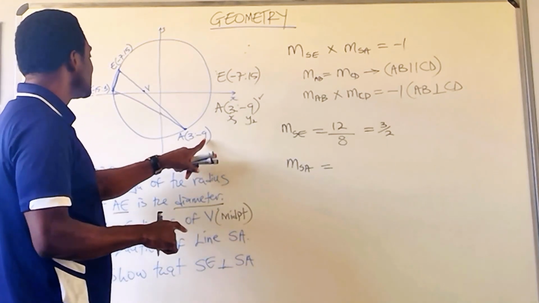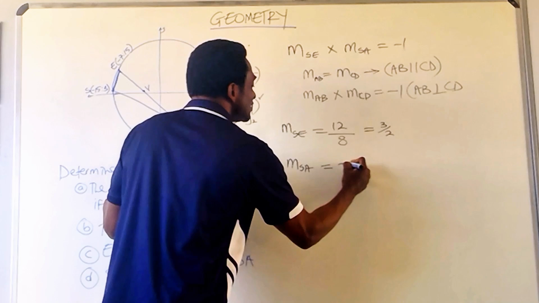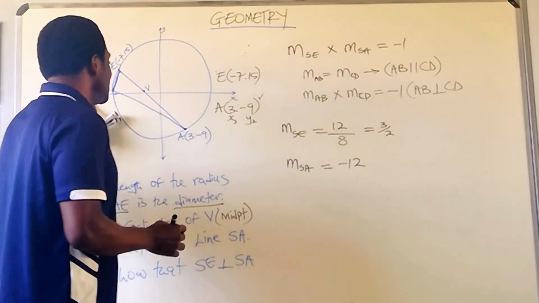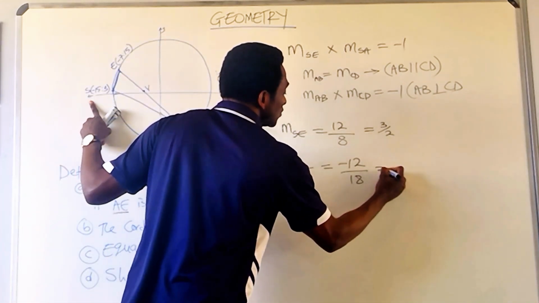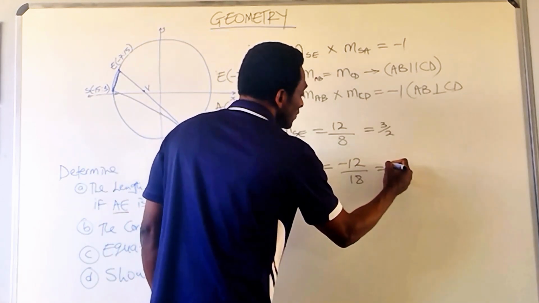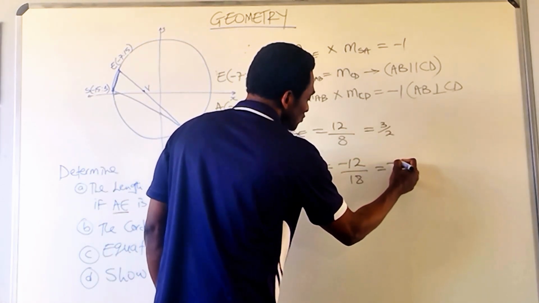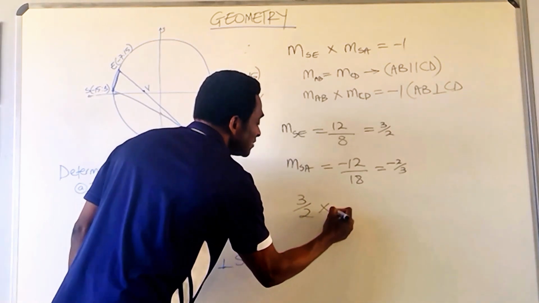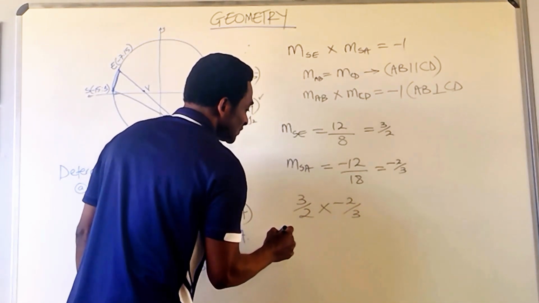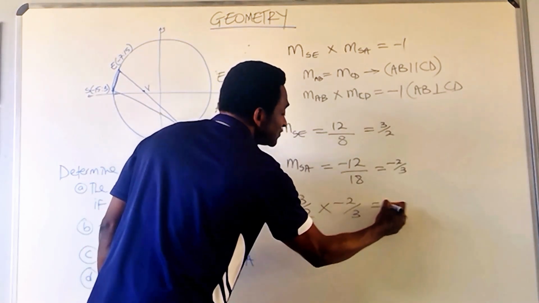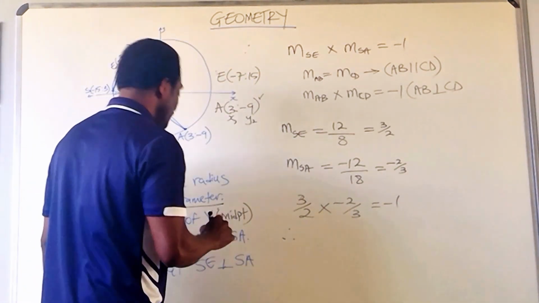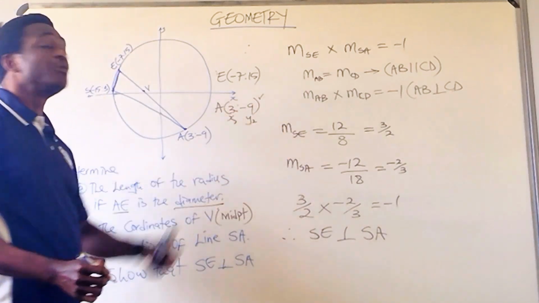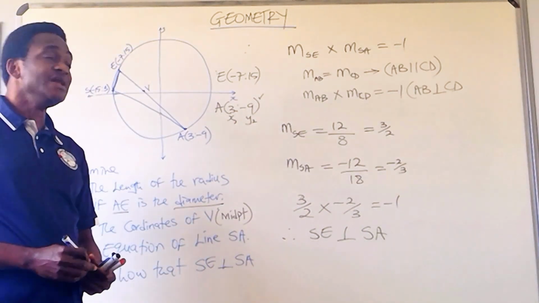Changing y over changing x: negative 9 minus 3 gives us negative 12. 3 minus 15, that's 3 plus 15, is 18. If we simplify this, 6 is a factor, we will have negative 2 over 3. Now let's multiply it. 3 over 2 times negative 2 over 3. This 3 will go, that gives us negative 1. Therefore, we can comfortably say that SE is perpendicular to SA because the product of the gradients equals negative 1.